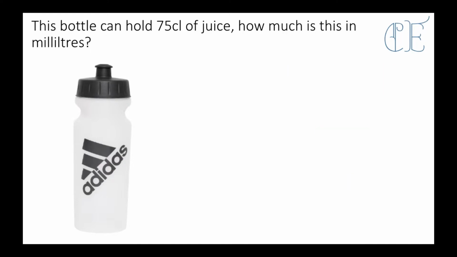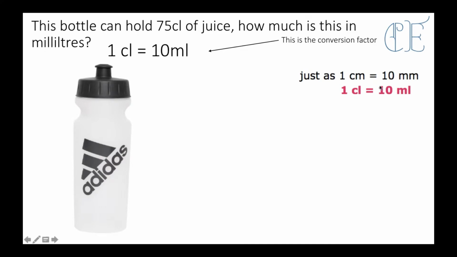Now it's the same question, but I want to know what it is in millilitres. So 1 centilitre is equal to 10 millilitres. This is my conversion factor. Here I'm reminding you that 1 centimetre is equal to 10 millimetres and 1 centilitre is equal to 10 millilitres. Again, you could probably remember those with that rhyme because they sound very similar.